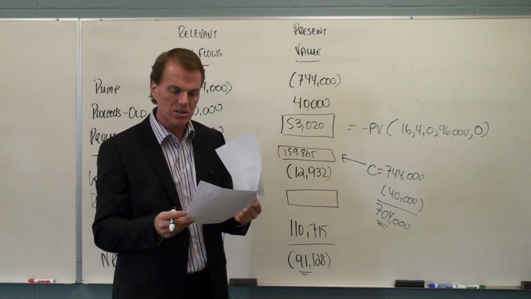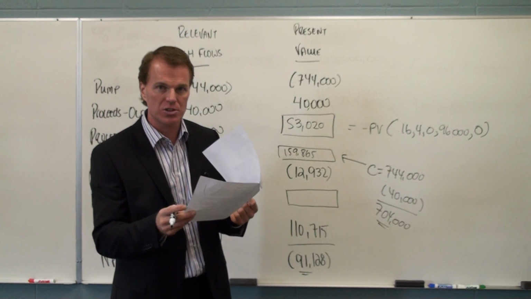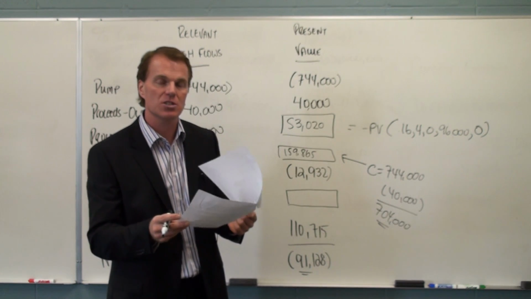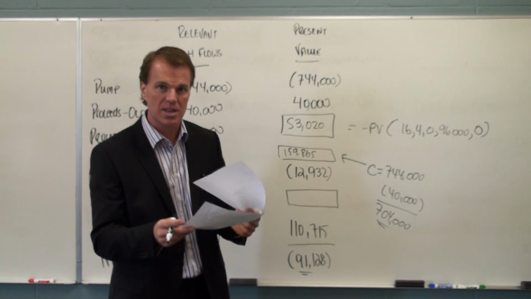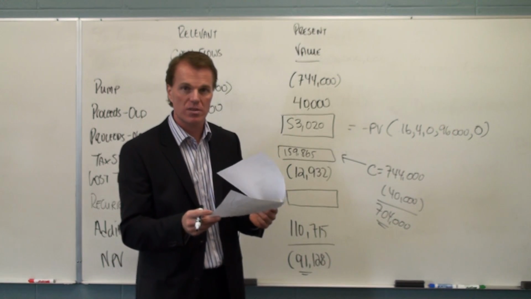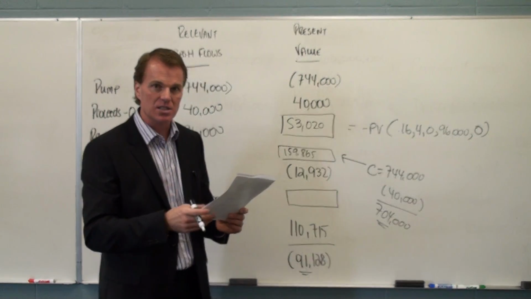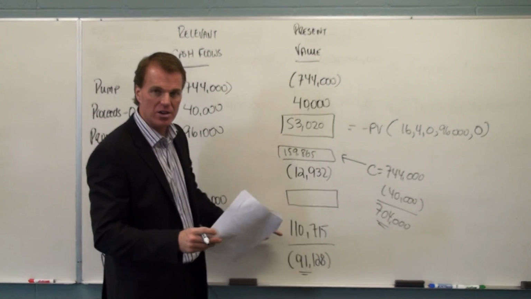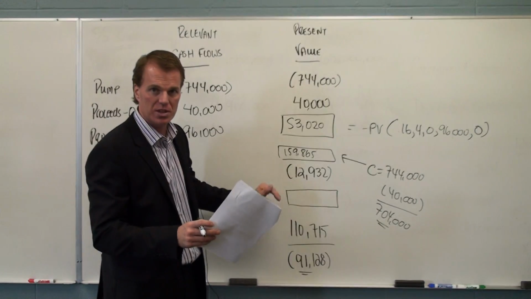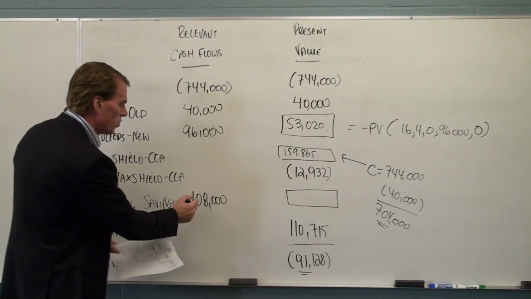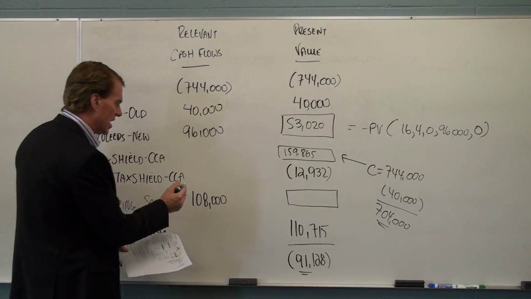And if you take a look at the question, it says that our after-tax required rate of return is 16%. So it's key for us to focus on the word after-tax and make sure that our required rate of return is an after-tax percentage. And then to be consistent, we want to make sure that all our values, anything that affects the revenue or the expenses, are considered to be after-tax. So that's why you see this at 108,000.